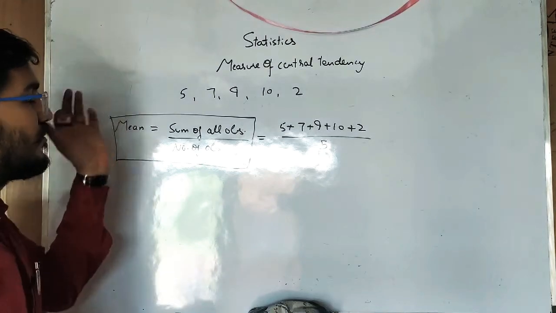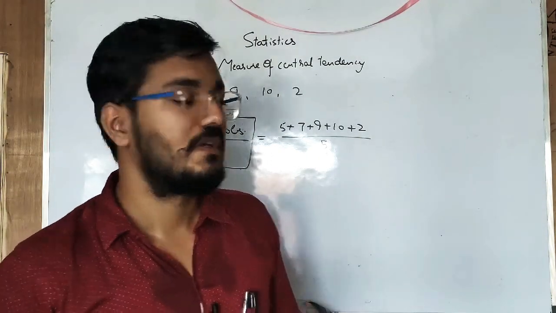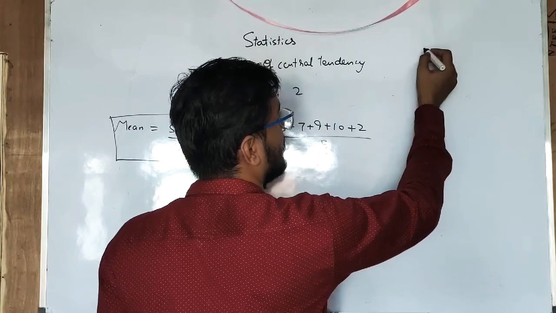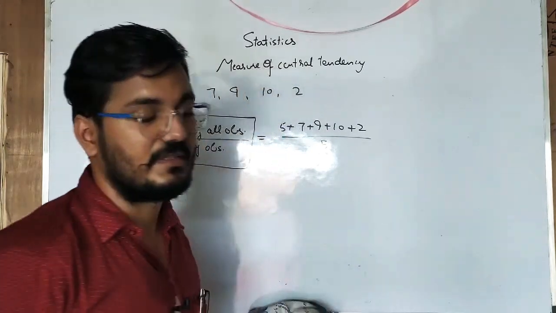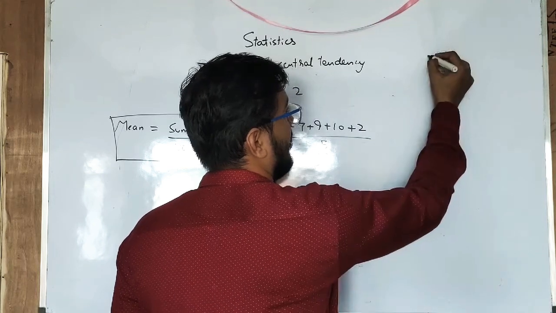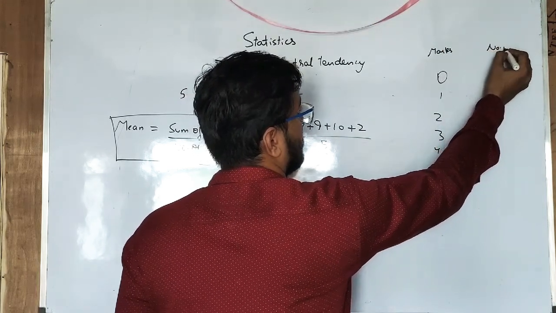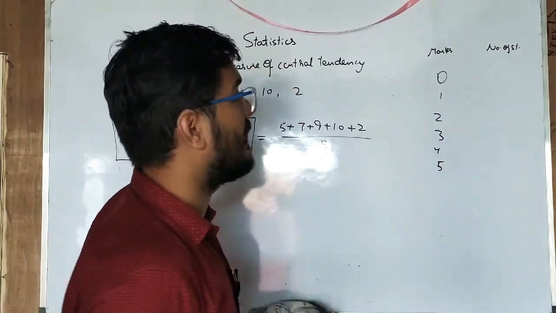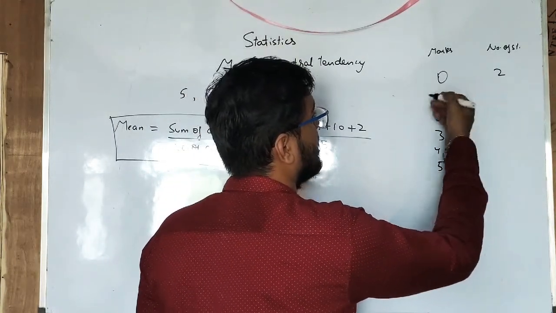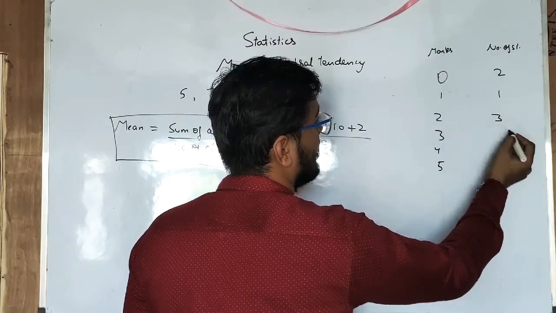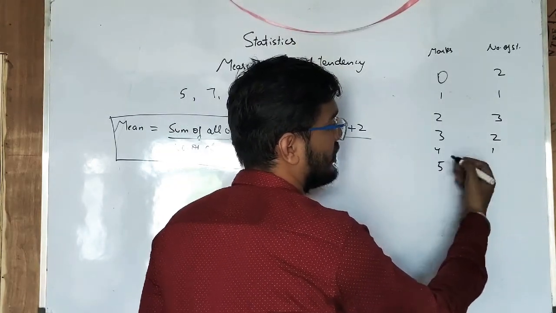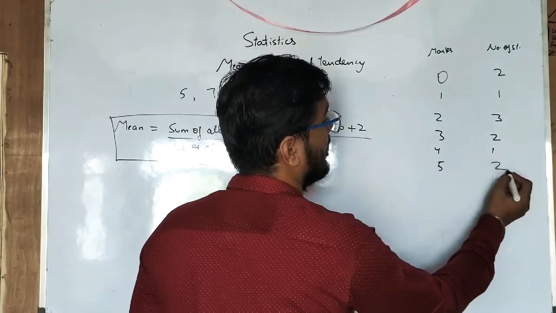If we have frequencies, suppose we have 30 students, and let the maximum marks be 5. The marks are 0, 1, 2, 3, 4, 5, and the number of students getting 0 marks is 2, 1 mark is 1, 2 marks is 3, 3 marks is 2, 4 marks is 1, and 5 marks is 2.